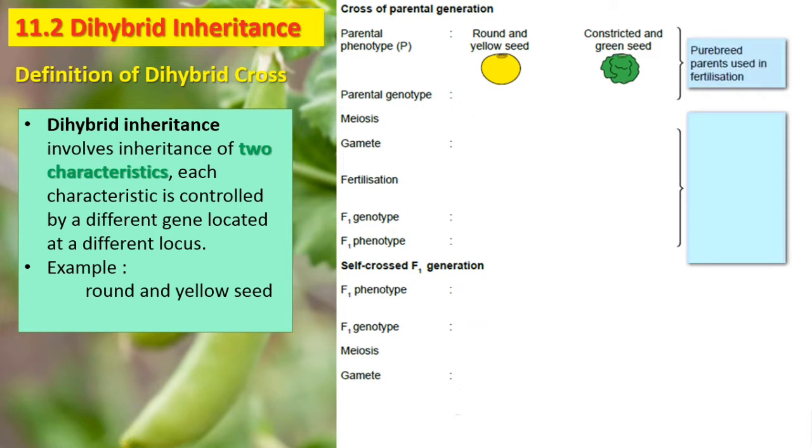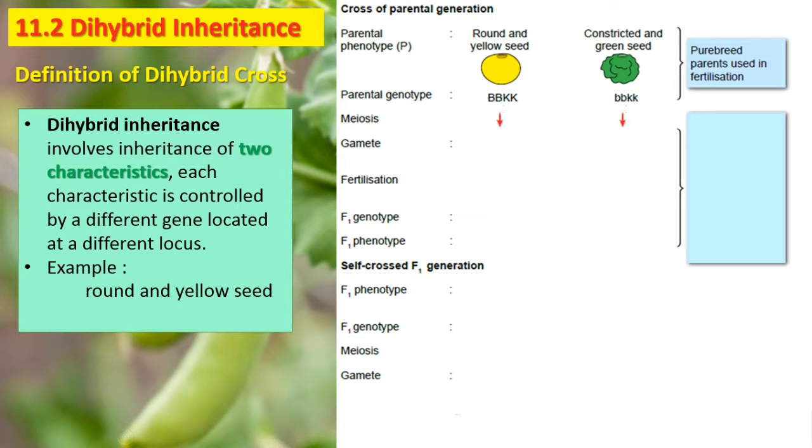Okay. The plant started with a purebred parent used in the fertilization. So the parental genotype for purebred round and yellow is capital B, capital B, capital K, capital K. And for the constricted and green seed, use small b and small k.